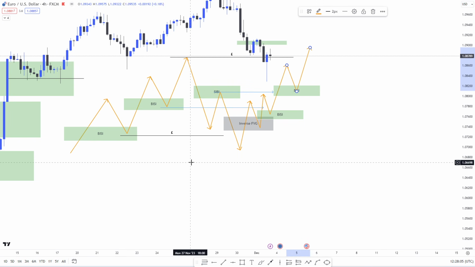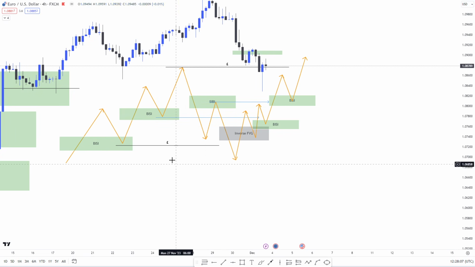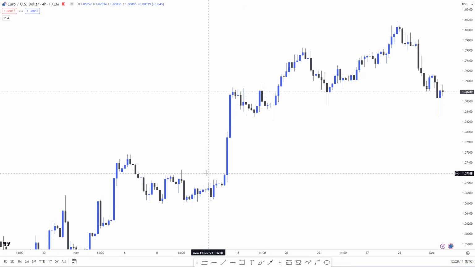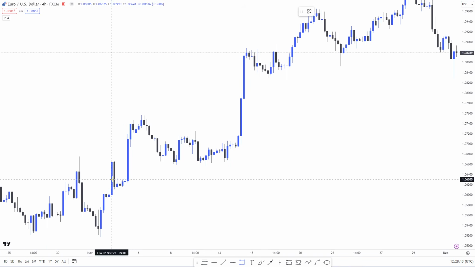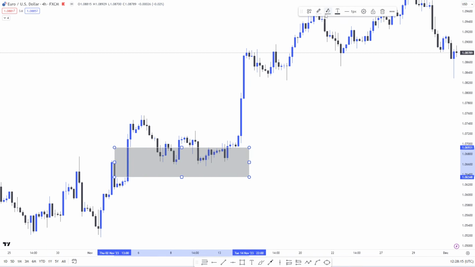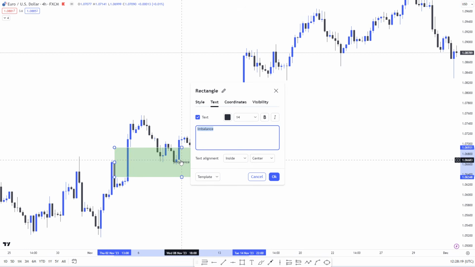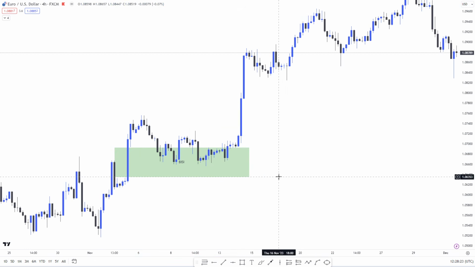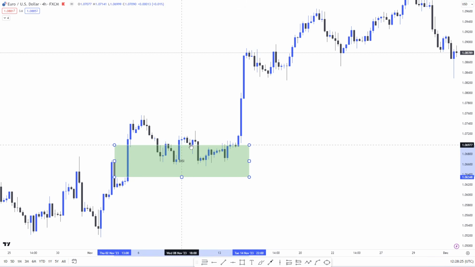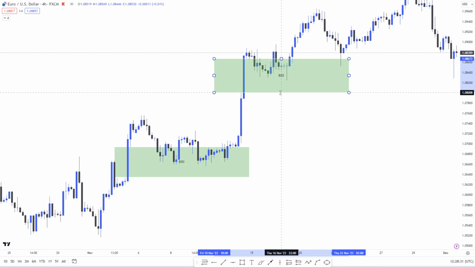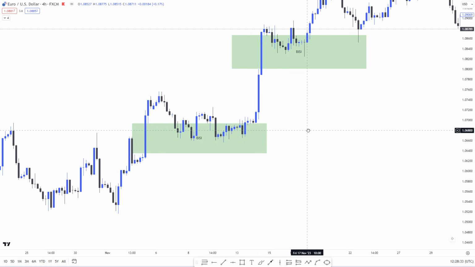So let's look at the facts here and understand that when we move on to this time frame, we utilize understanding where these areas of inefficient price action are. So we know this here is a BISI. Okay, we understand that this area here is a BISI.